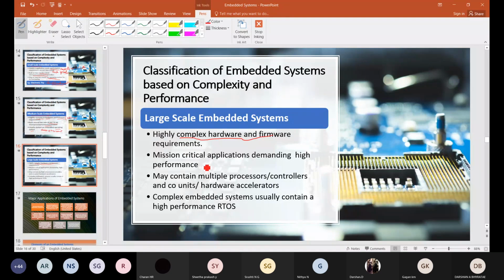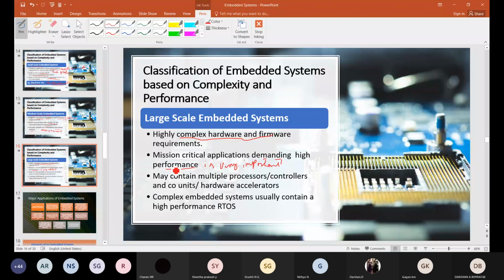Okay, here we are going to focus on the performance parameter. Performance parameter is very important in the large scale embedded system. Performance in the sense what? Speed. Speed should be mandatory. We are going for more performance in the large scale embedded system here.